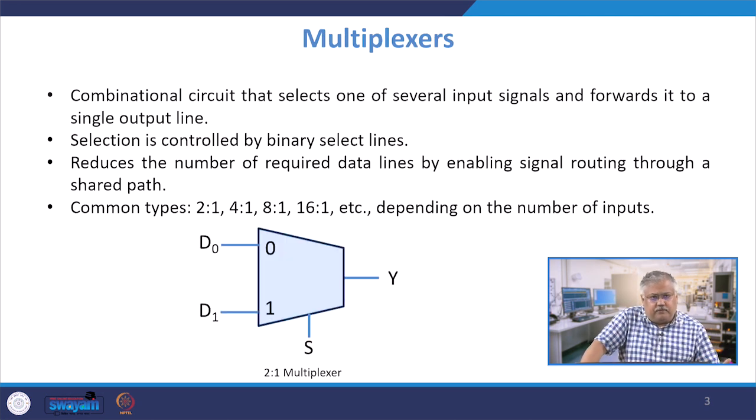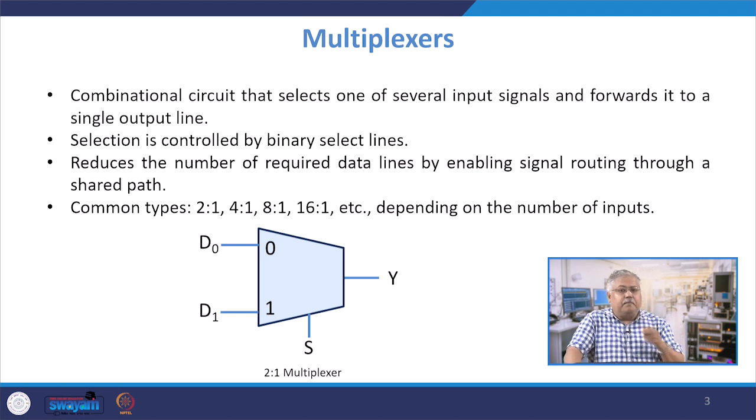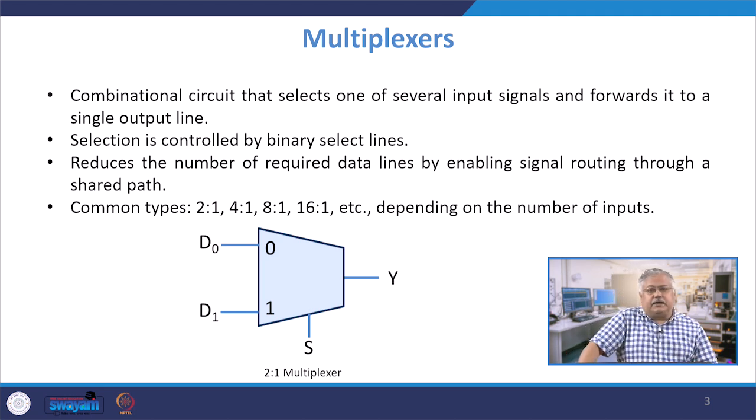I hope all of you are aware of it. Just to refresh your memory, this is basically a combinational circuit which selects one output out of multiple inputs, and who does that? The select line. So, there are two inputs here, for example, and there is a select line here. This is known as a 2:1 multiplexer. 2:1 means 2 inputs and 1 output.